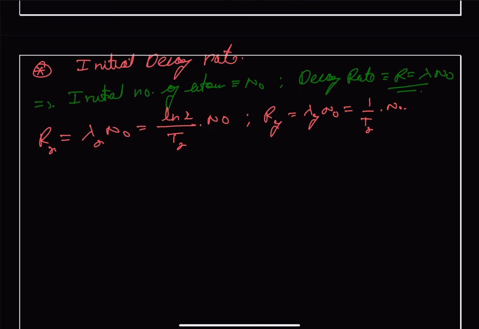R of y is equal to R of x multiplied by 1 upon natural log of 2. Natural log of 2 we already know is 0.693. Therefore R of y is greater than R of x.